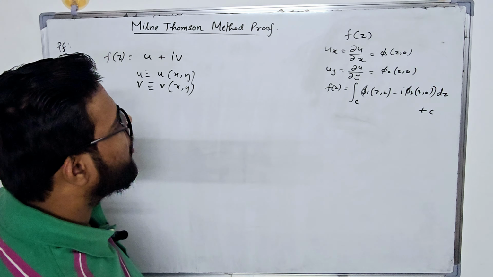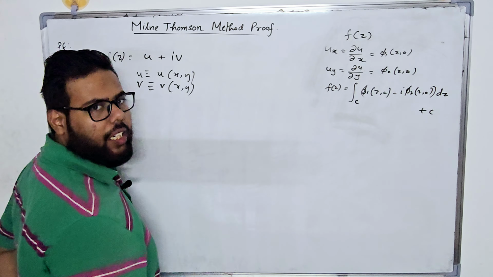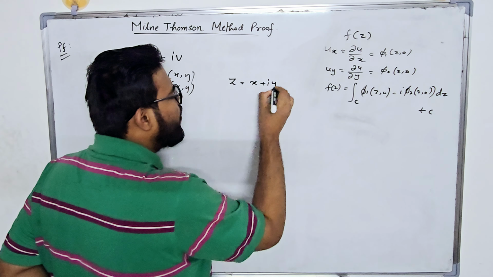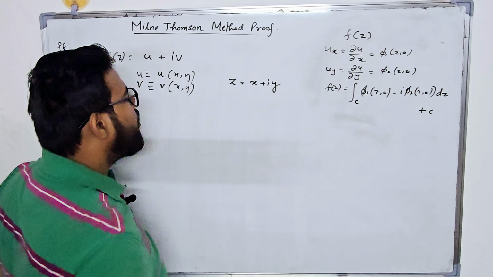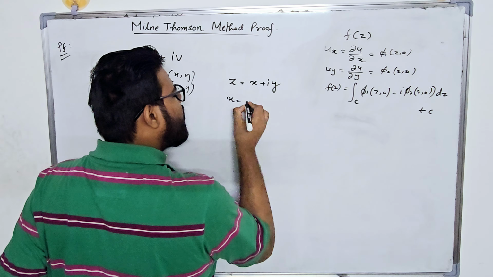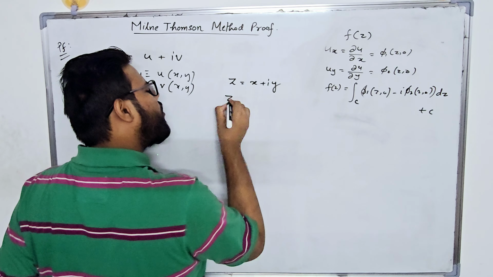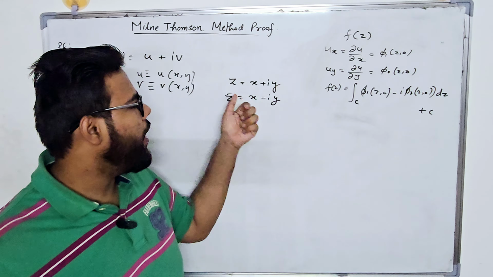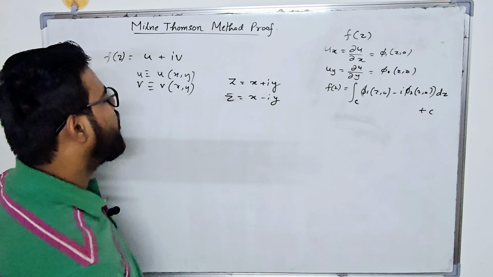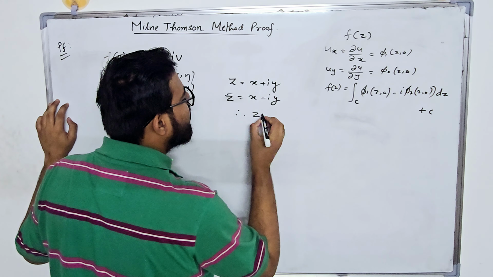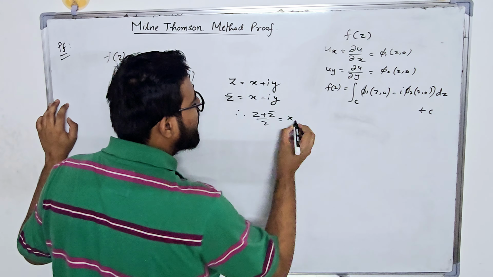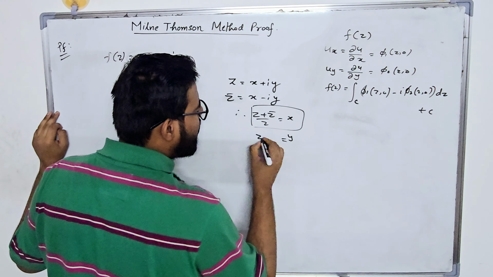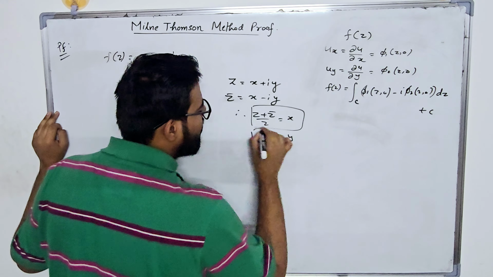Now we know that z is a complex number, so it can be written as z is equal to x plus iy, and z bar is equal to x minus iy. So let's solve for x and y in terms of z and z bar. We will have z plus z bar by 2 is equal to x. Similarly, when you subtract, you will get y is equal to z minus z bar by 2i.